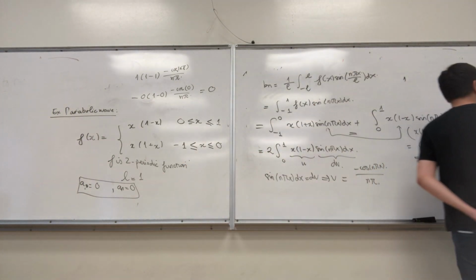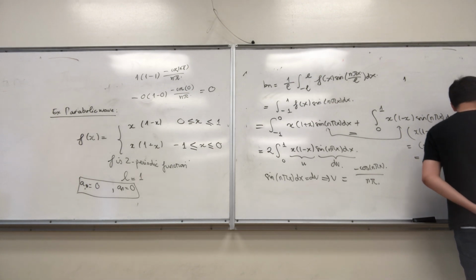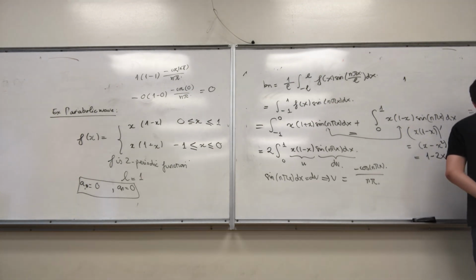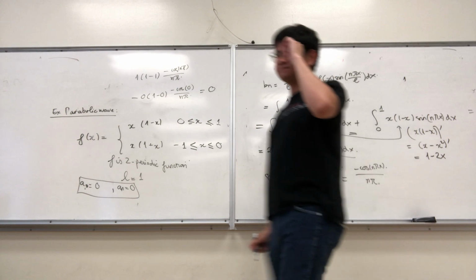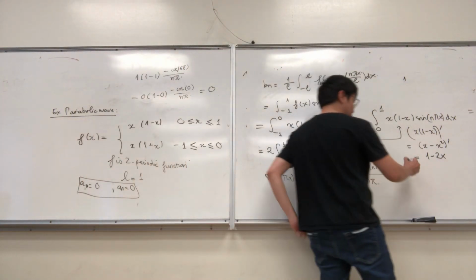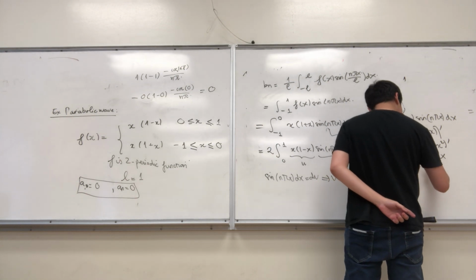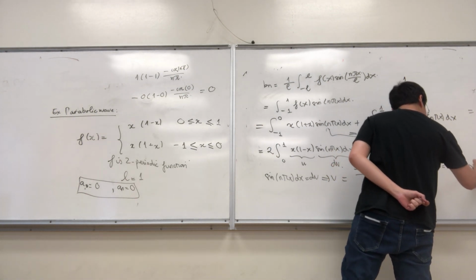So here I can cancel the two minuses, have the integral from 0 to 1 of 1 over n pi cosine of n pi x times 1 minus 2x dx. All right? It's good. So here I have d of x times 1 minus x is 1 minus 2x dx.